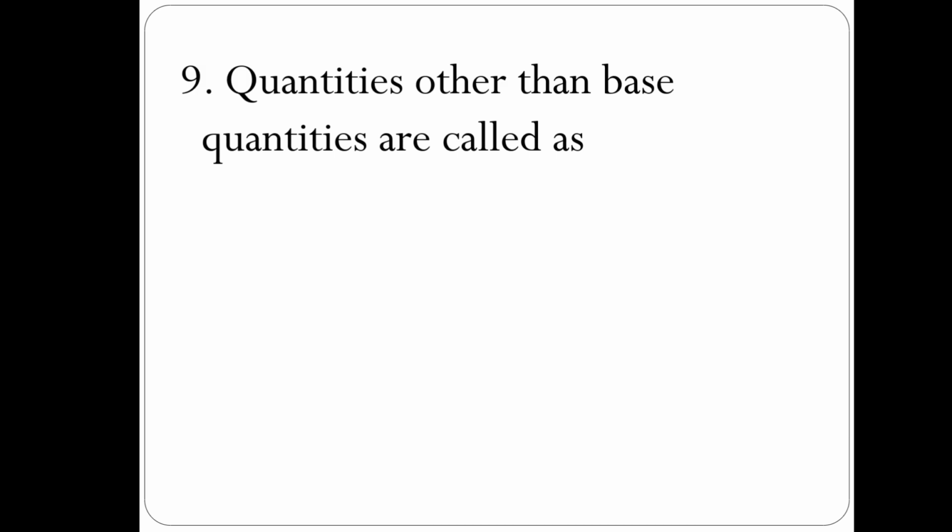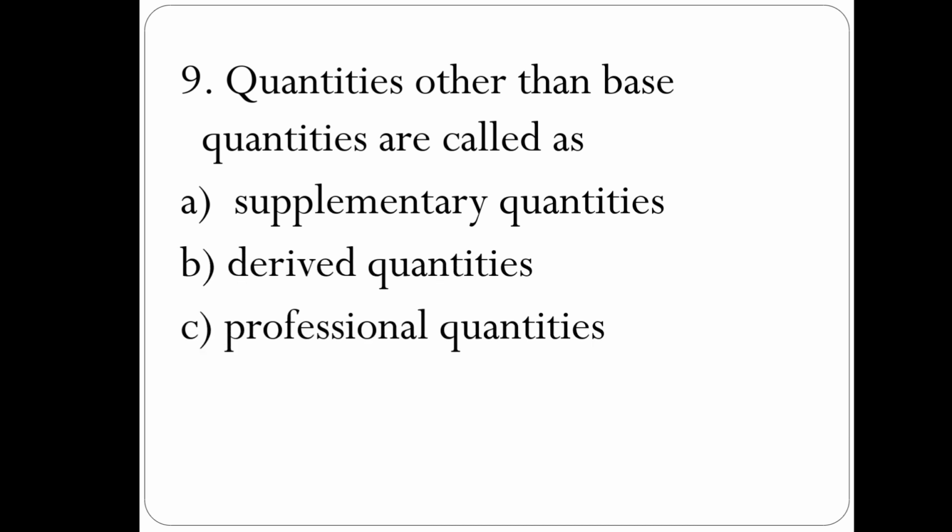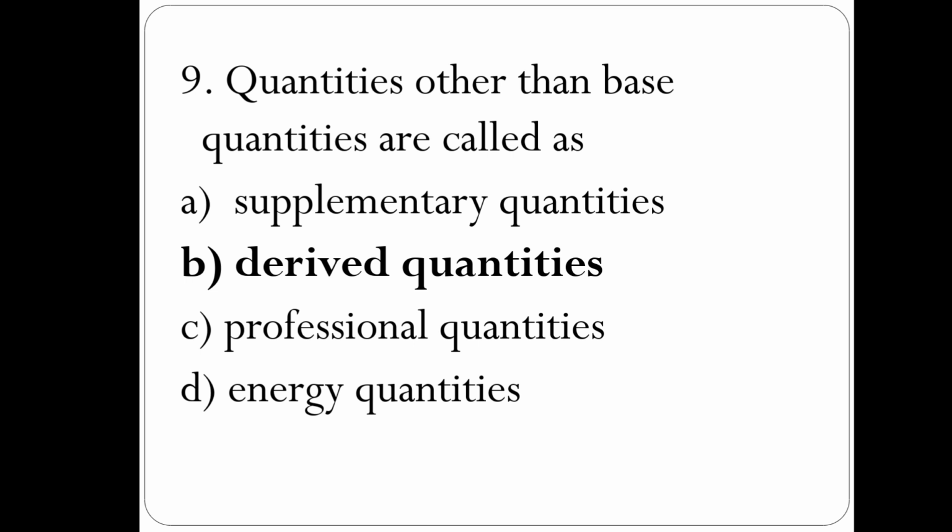Quantities other than base quantities are called as A. Supplementary quantities, B. Derived quantities, C. Professional quantities, D. Energy quantities. Other than base quantities, the others are called derived quantities.